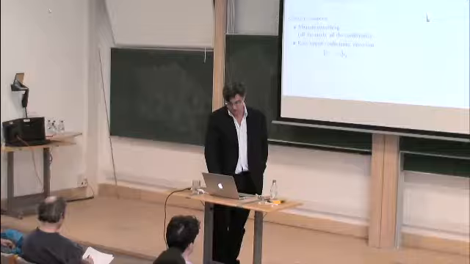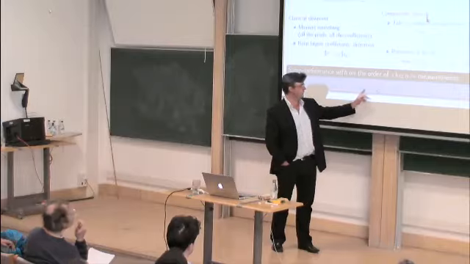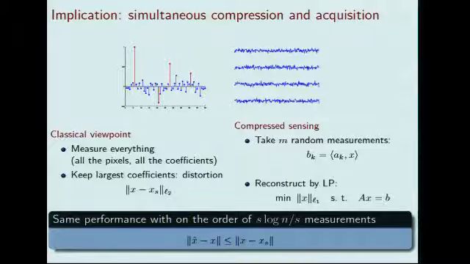Because of what we discussed in the lecture yesterday afternoon, I said that if I take S log n over S measurements with a compressed sensing approach, I get an error which is smaller than what I get by simply measuring the S largest coefficients.